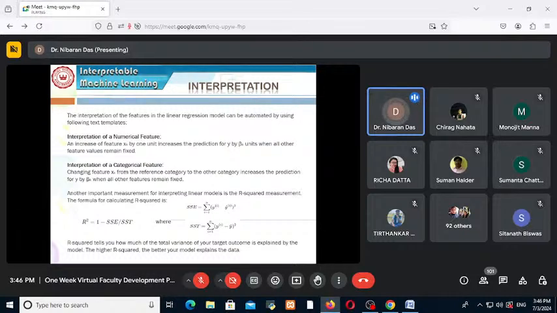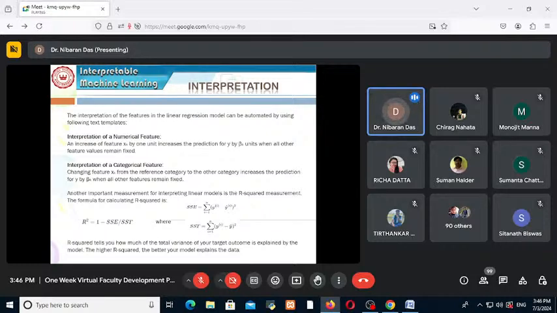We are dealing with a single feature, keeping all the other features constant, and we increase that feature's value by 1 unit. In that case, the prediction output changes by beta k units. That means the weight of this particular feature determines the change in the prediction.